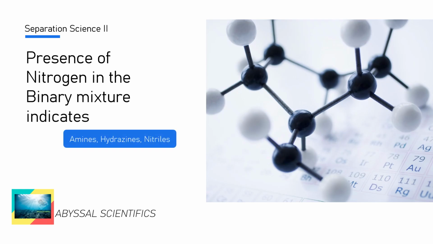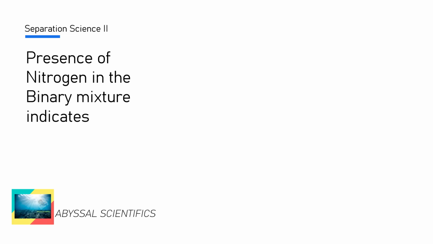If all these three are absent, then the nitrogen carrying compound present in the mixture may be either an amide or a nitro compound. Let us now see one by one what the presence of nitrogen in a binary mixture indicates.